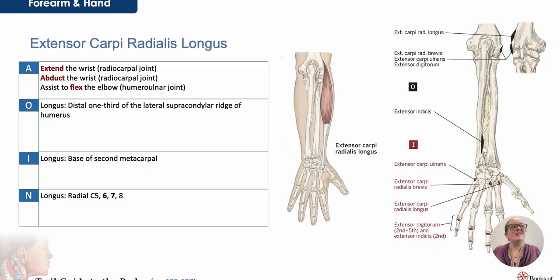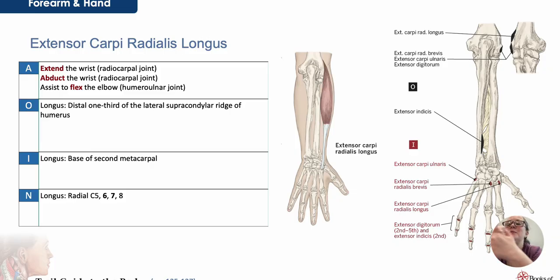They usually do the same action. This guy has several origins because of the shape of the muscle. It starts on the lateral supracondyle of the humerus, and it runs down and attaches onto the base of the second metacarpal.